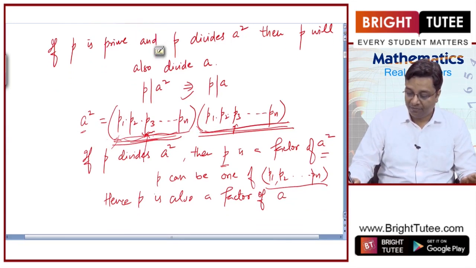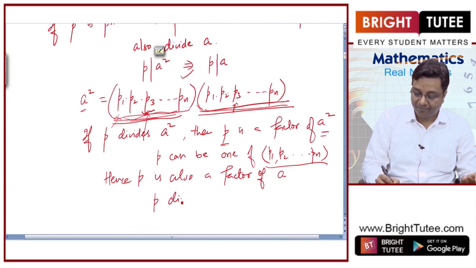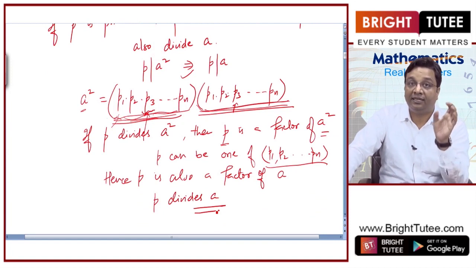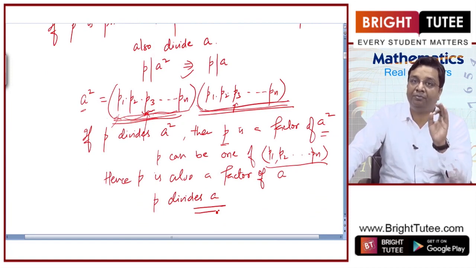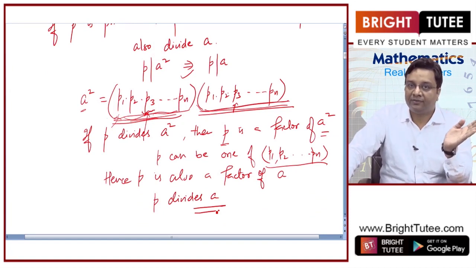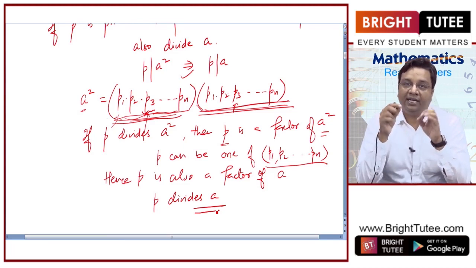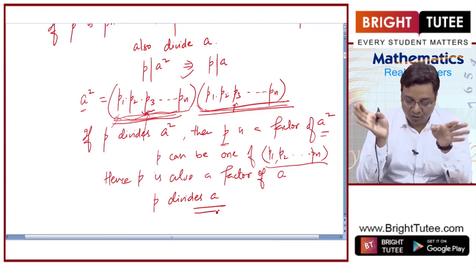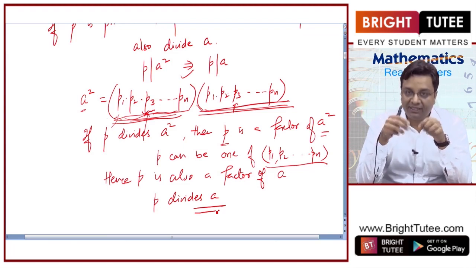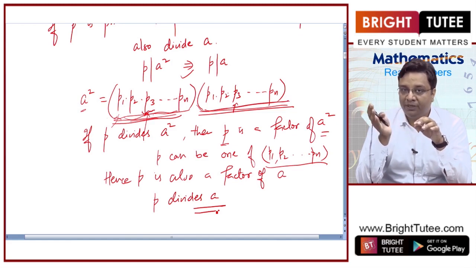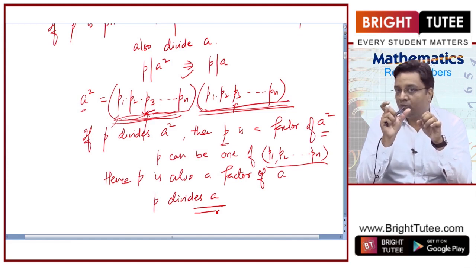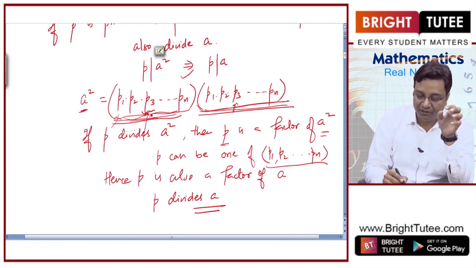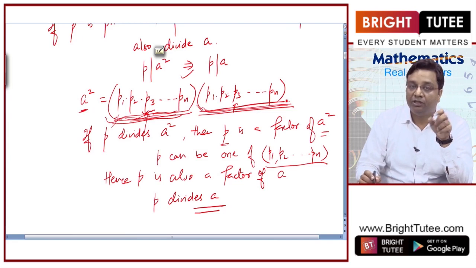So I can say P divides A. I hope I have explained it enough that if there is a prime factor P which divides A square, then that P can be any one of P1, P2, P3 up to Pn. There is no other option for P, right? If it is any one of P1, P2, P3 up to Pn, then it will be present 2 times in this product of A square. In this expansion of A square, you can see it is clearly present 2 times.